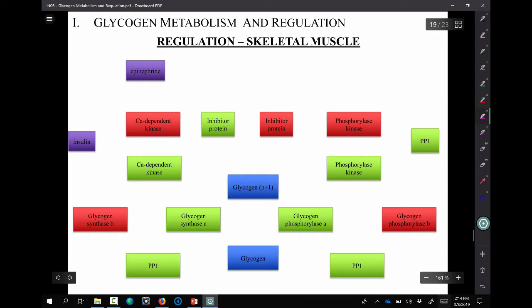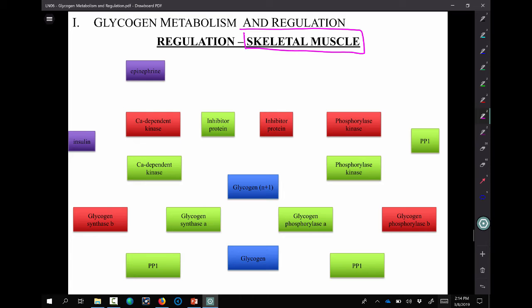This is fun. So, skeletal muscle. The other tissue type that stores a significant amount of glucose as glycogen is skeletal muscle. The main purpose of the liver in its storage of glycogen is to release glucose from glycogen and then excrete it into the bloodstream and bring up blood sugar.